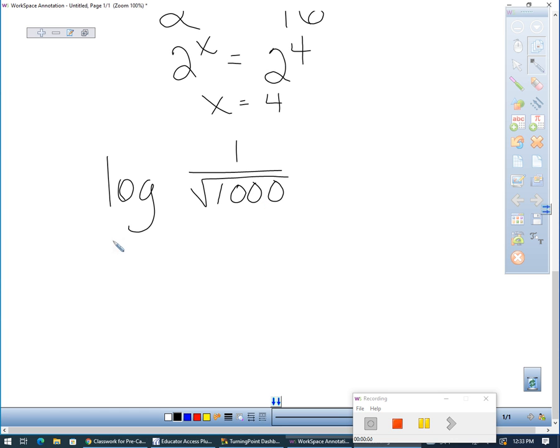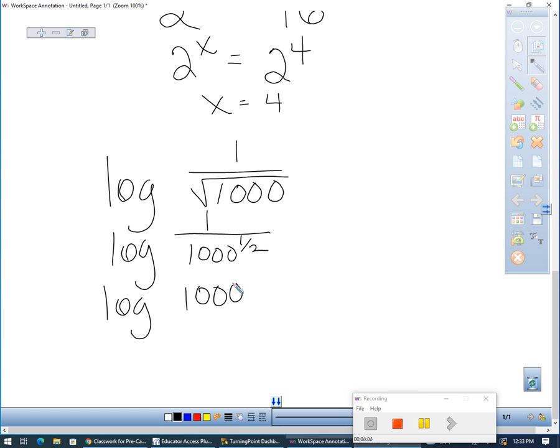Okay, so I'm going to change this into log of 1 over 1,000 to the 1/2. All right, what else can I do to this? Yeah, I like that idea. So I agree. To bring this to the top, that exponent becomes negative. So you have 1,000 to the negative 1/2.